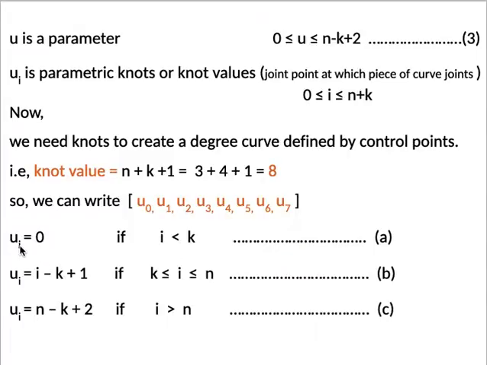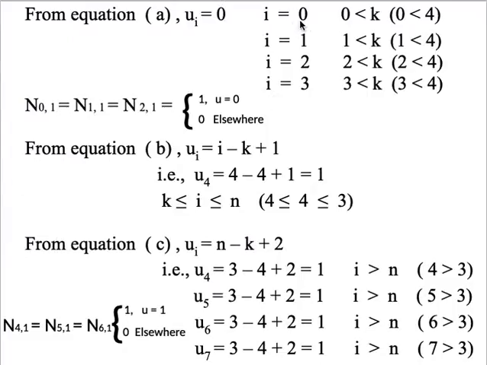From equation a, ui is 0 when i is less than k. If I put i equal to 0, k is 4, so 4 is greater than 0, so it is satisfied. Similarly, if I take i equal to 1, 1 is less than 4.